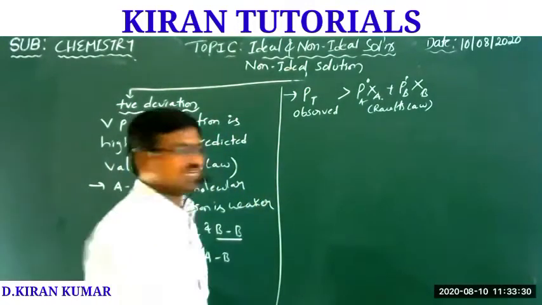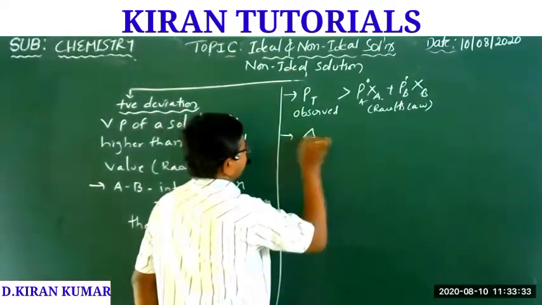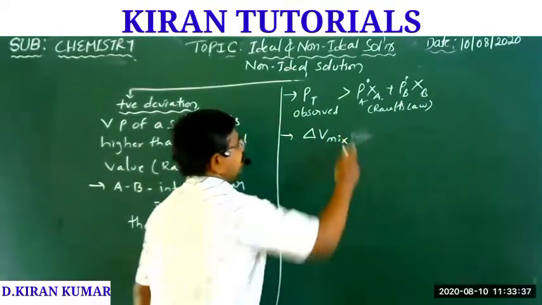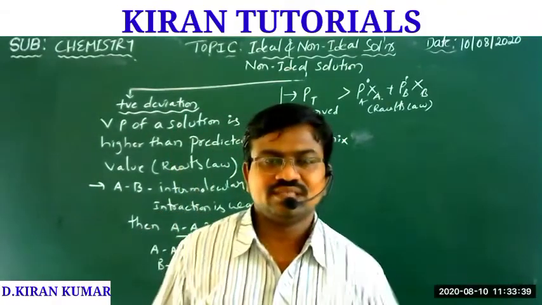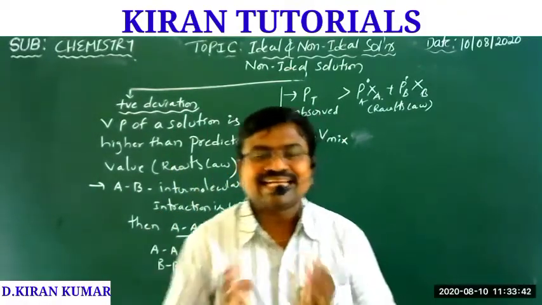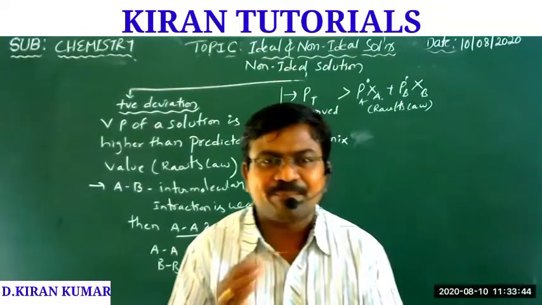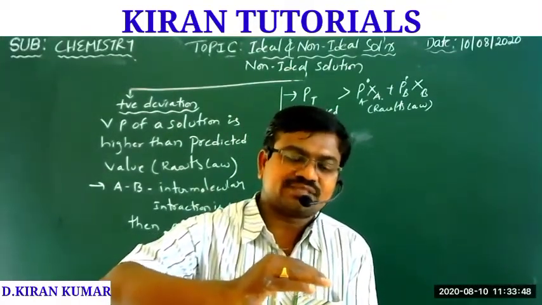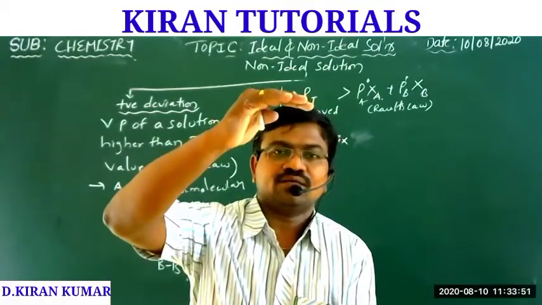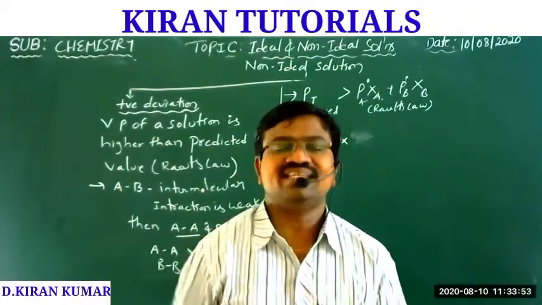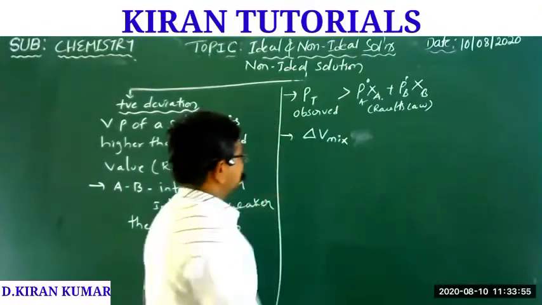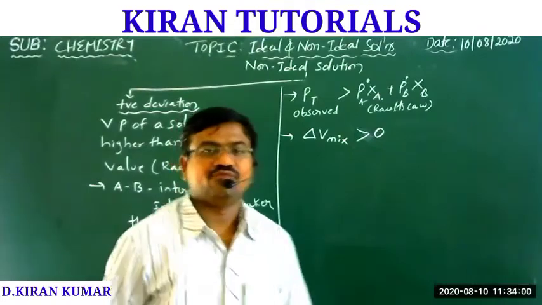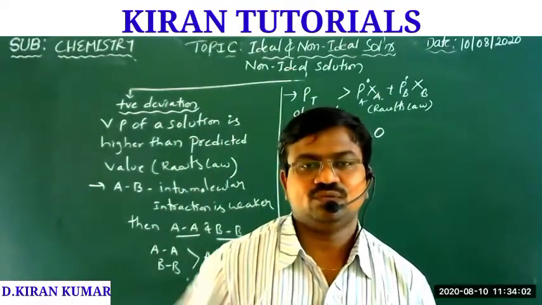And for positive deviation, what about delta V mix? Listen. The interaction present between A and B is weaker, so the molecules are coming into vapor. Means volume increases. So delta V mix is greater than 0. Clear?